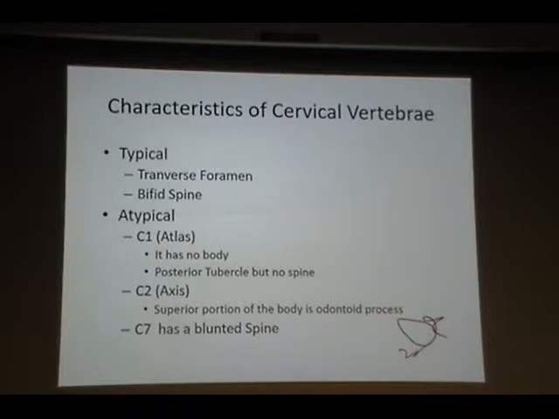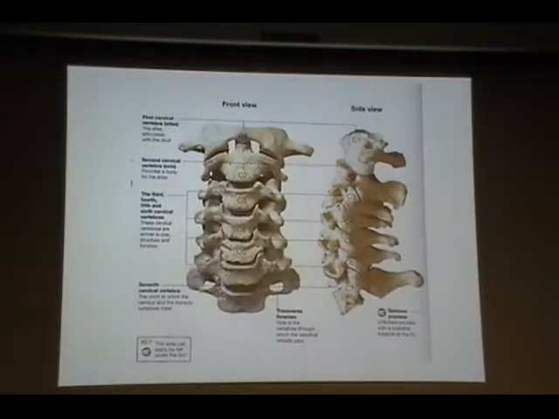All right, so let's look at this image in relationship to the 7 cervical vertebrae. Here we see them looking from front to back. So here is C1 up here.